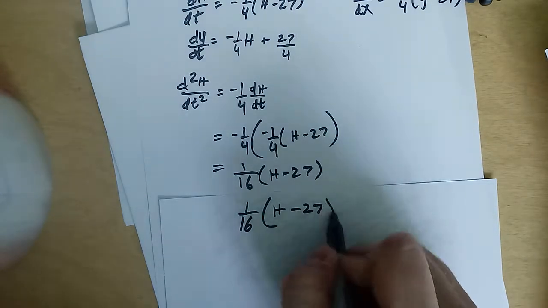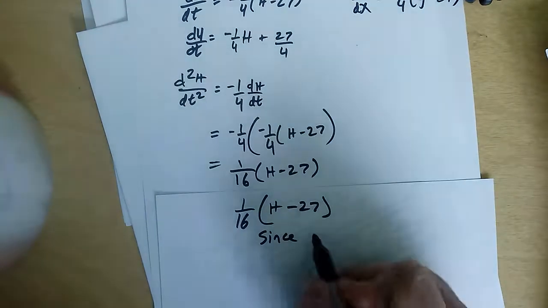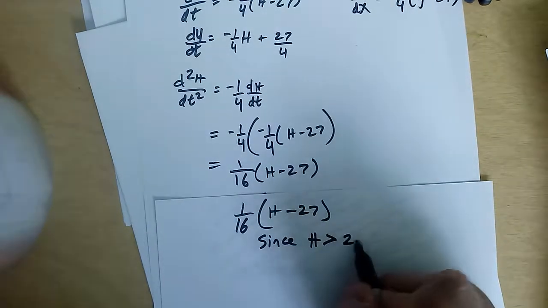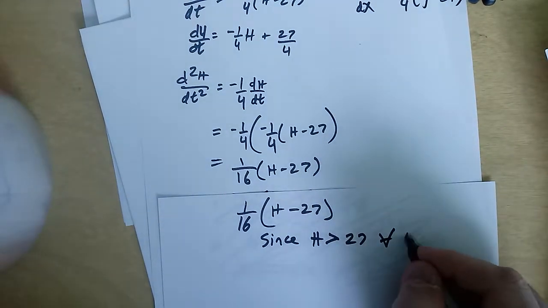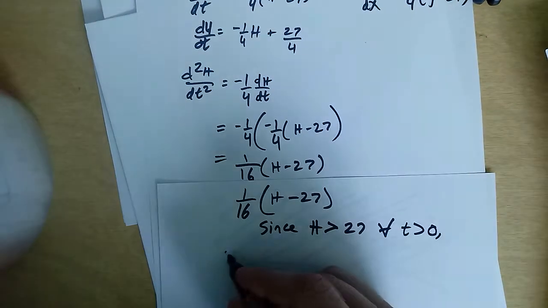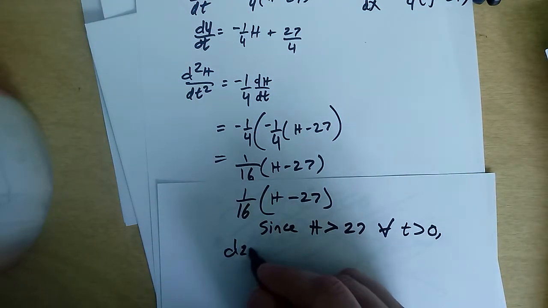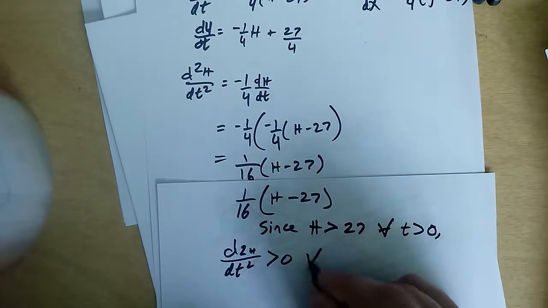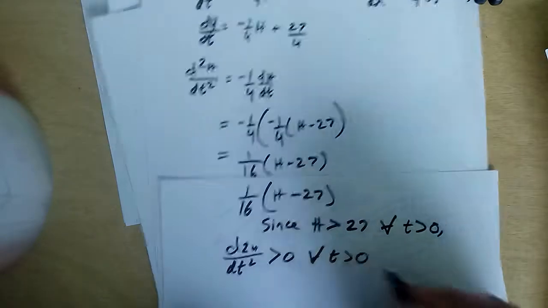we know that since h is greater than 27 for all t greater than 0, d2h over dt squared is greater than 0 for all t greater than 0.